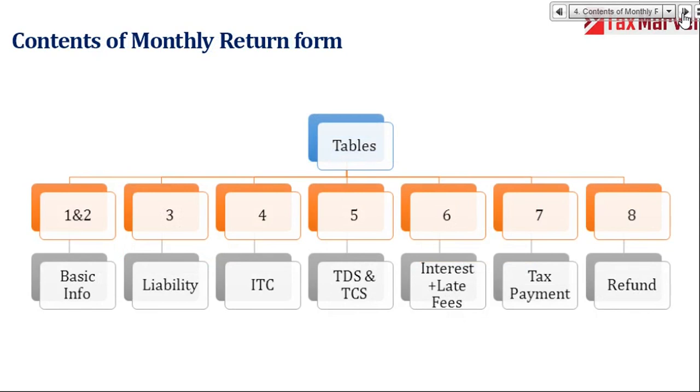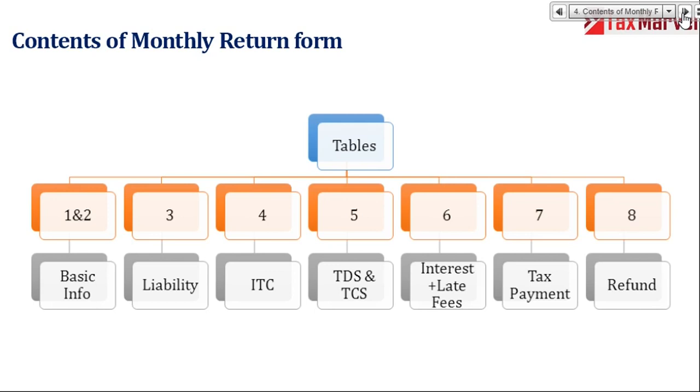In the main return, these are your 8 tables. Table 1 and table 2 are your basic info, means GST number, trade name, business name, return month, all that. Table 3 will be liability. What is liability? Normal sales, export, and liability from RCM.